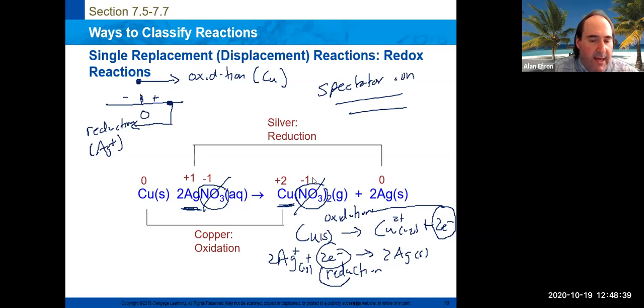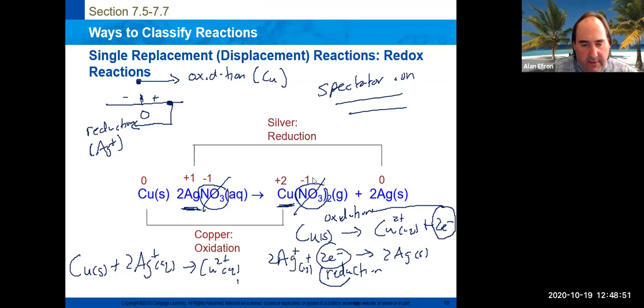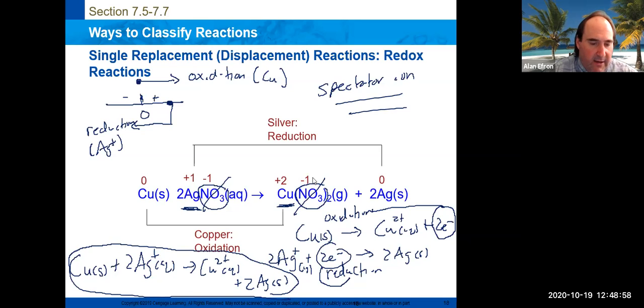And if you write them together, overall what's happening is the copper plus the couple of silvers is making our copper with a +2 and our 2 silvers with no charge. This is what is sometimes referred to as the net ionic equation.